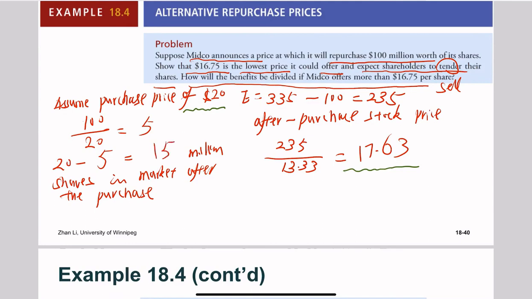So what is the share price for these 15 million shares? So again, we would use the total value of equity, which is $235 million, divided by the number of shares, which is 15 here.